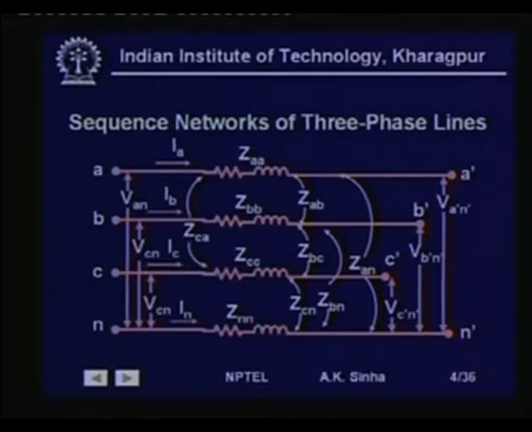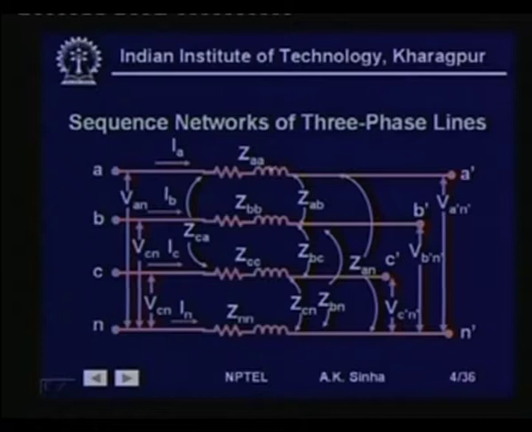So we have this return path which is made up of a metallic conductor, the ground wires on top of the tower, and also the path through the earth. Here we are considering this ground as the ground wire or the neutral wire, as the conductor on the tower.